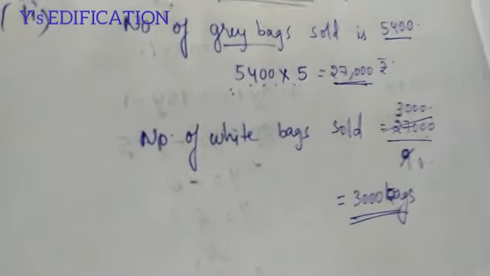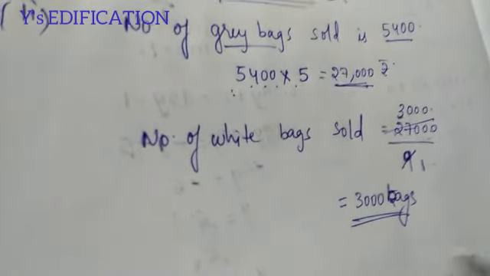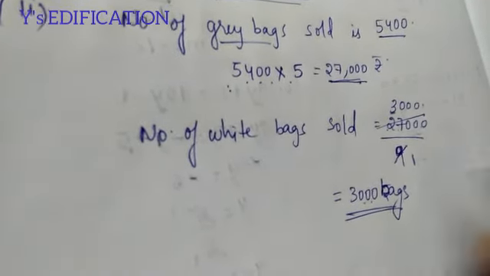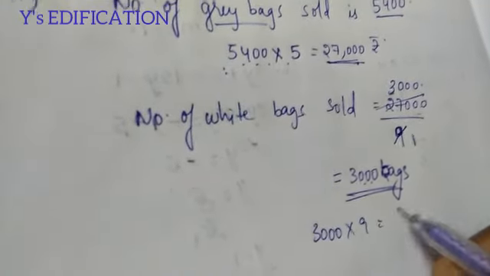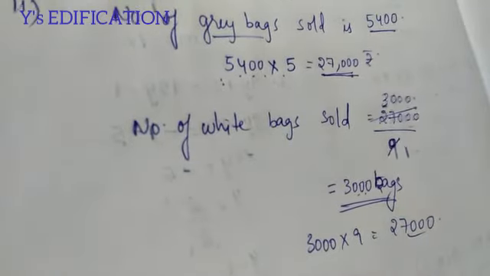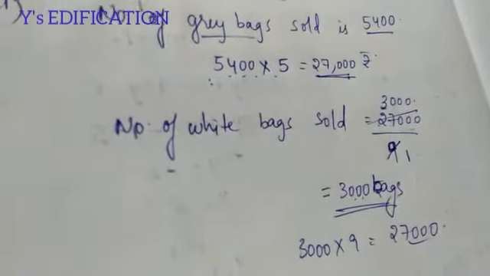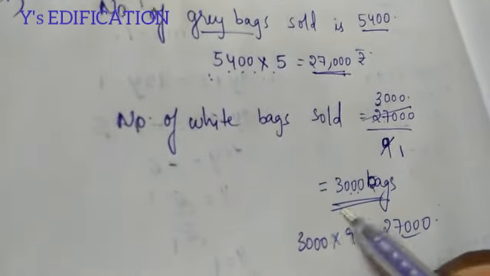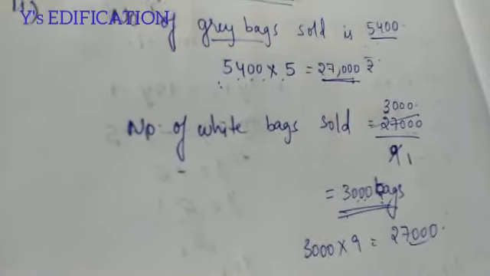Let's see, for 3,000 bags, how much profit will they get? 3,000 into 9 is 27,000 profit. So here this is the loss and this is the profit, so both are equal. The company gets neither a loss nor a profit if they sell 3,000 bags of white cement and 5,400 bags of grey cement.